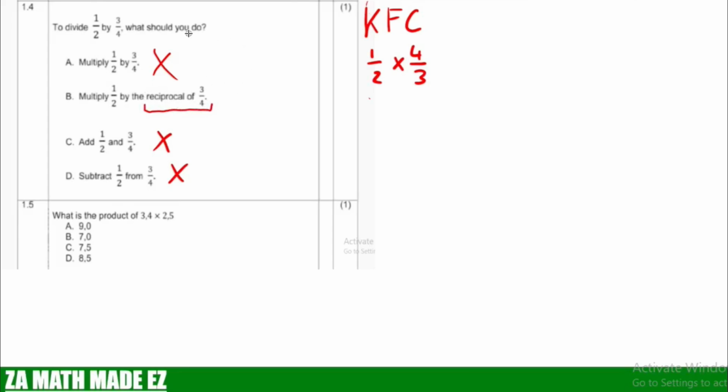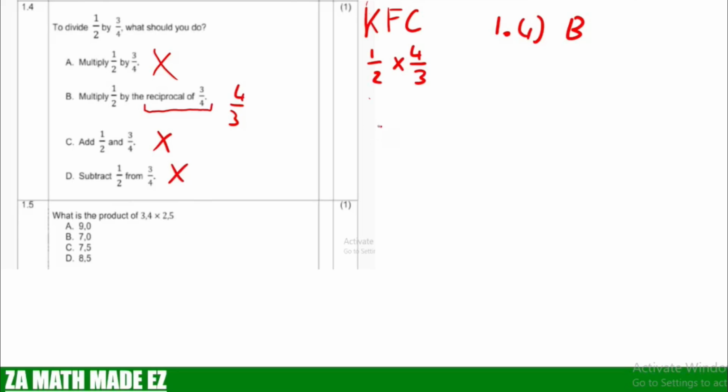The whole point of this question is to see if you know how to multiply fractions by one another, and if you know what a reciprocal means. So remember, the reciprocal of 3 over 4 is 4 over 3. Same like the reciprocal of 8 over 3 would be 3 over 8. That's just an example. 1.5. What is the product of 3.4 times 2.5? Product just means the answer of 3.4 times 2.5.